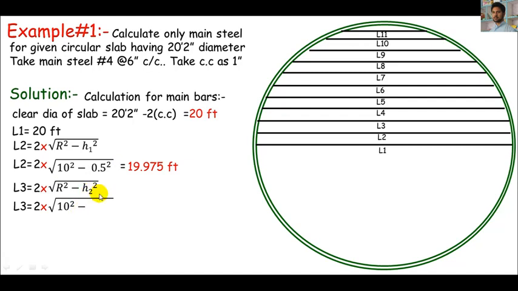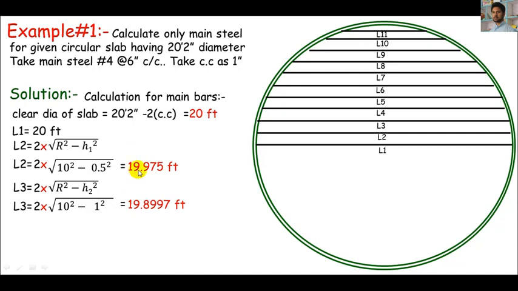It is the distance between L1 and L3, because we are calculating L3. Just look over here. This one is 0.5, this one is 0.5, and 0.5 and 0.5 is just 1. It means the distance between L1 and L3 is just 1. So it's 1 squared. You must get 19.8997, which is just minimum from this.